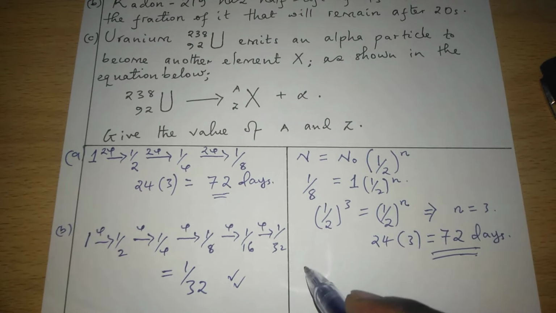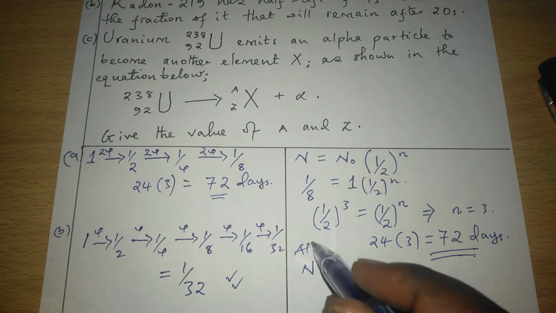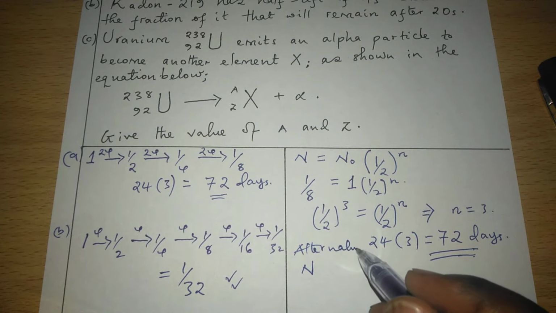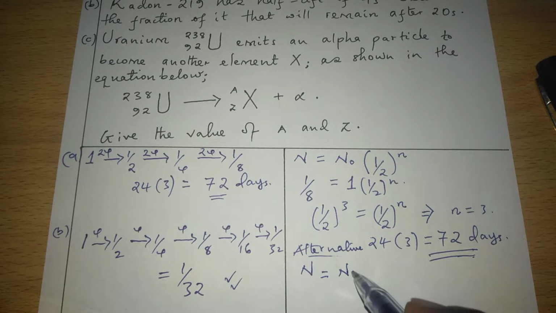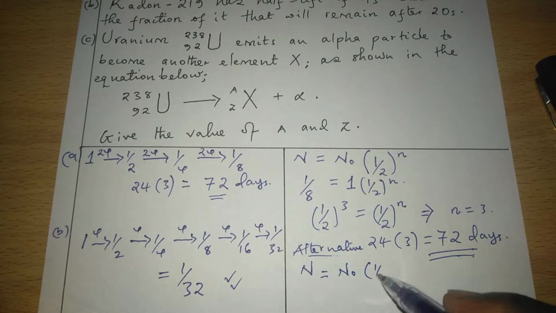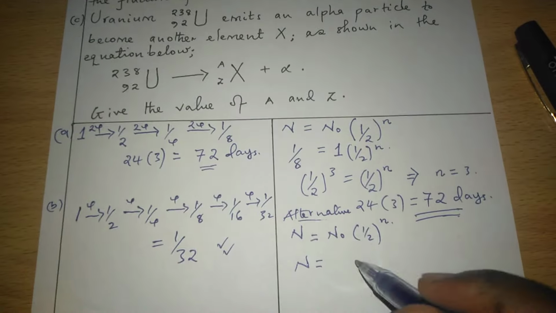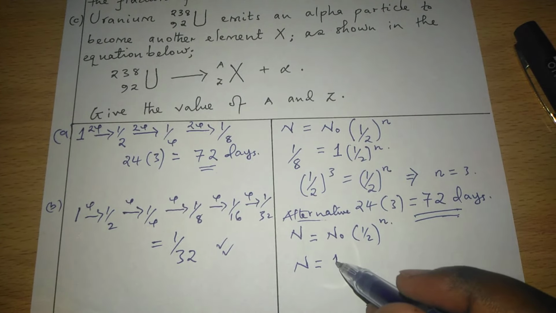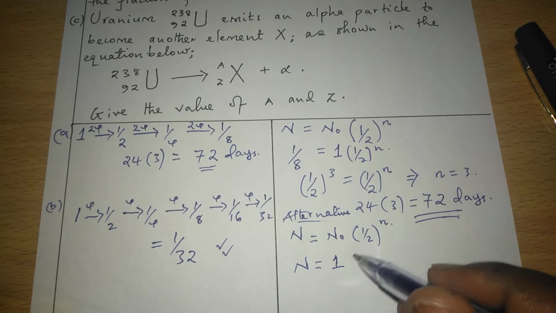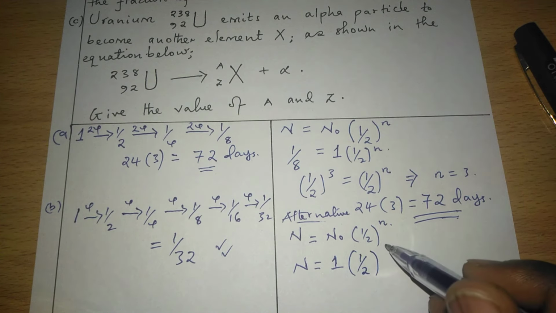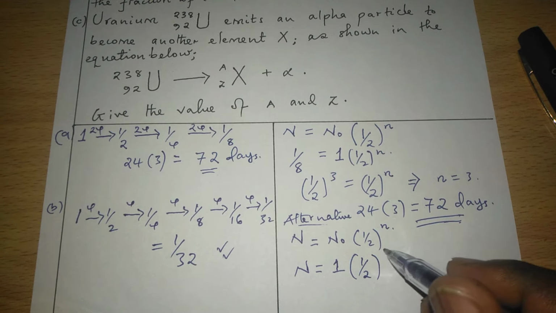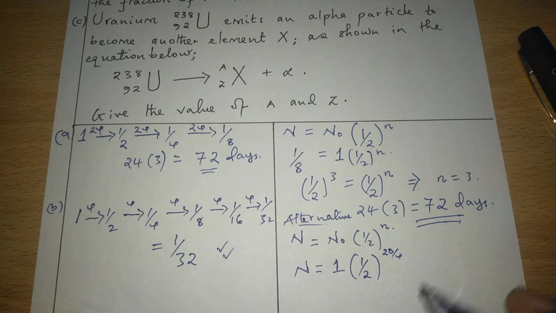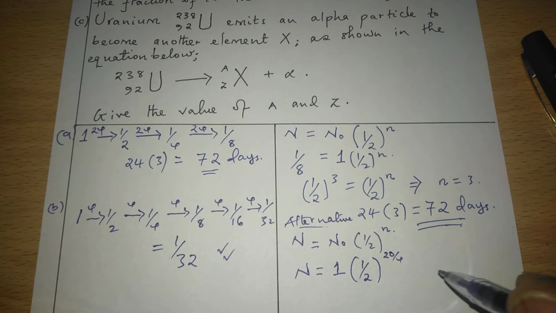Similarly, alternatively, we can say the remaining fraction is given by the original amount times half raised to the number of half-lives. So if it starts at 1 out of 1, then we raise half to the number of half-lives, which is given by the total time, 20 seconds, over the half-life, 4 seconds.